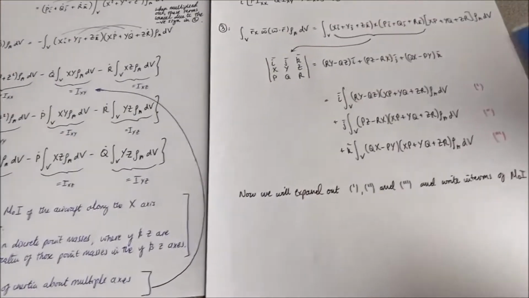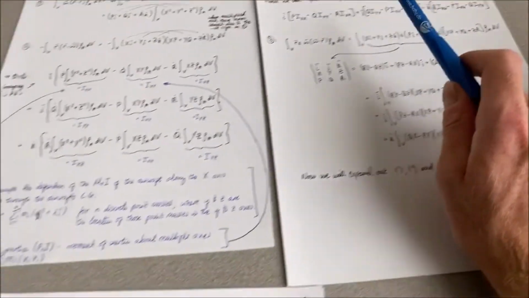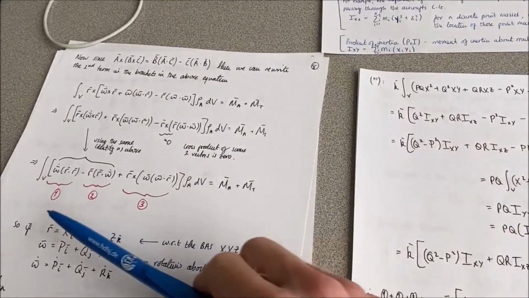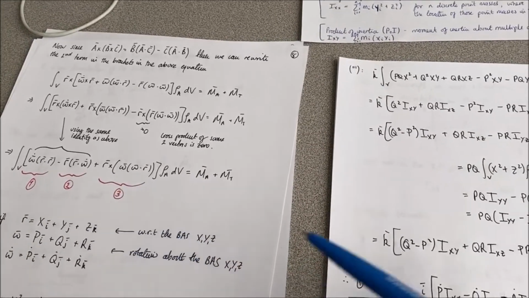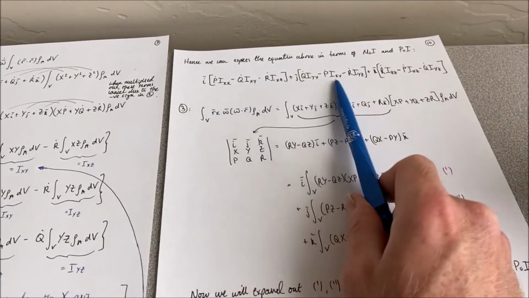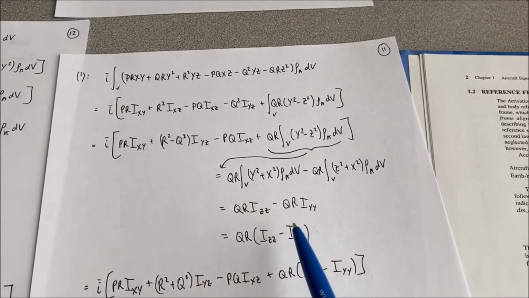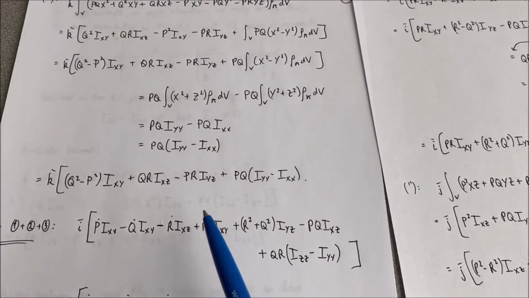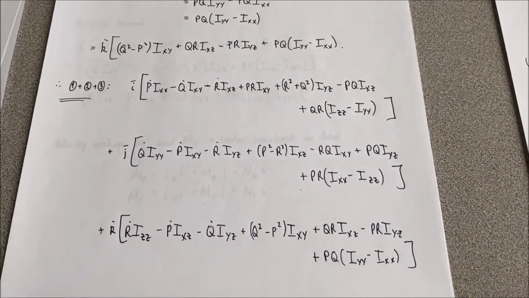That was this huge thing here, which became this. So to complete this equation on page 8, we take 1 and 2 that we've already calculated, and 3, which we split up into dash, double dash, and triple dash, which is that plus dash, double dash, and triple dash to get this mess here.